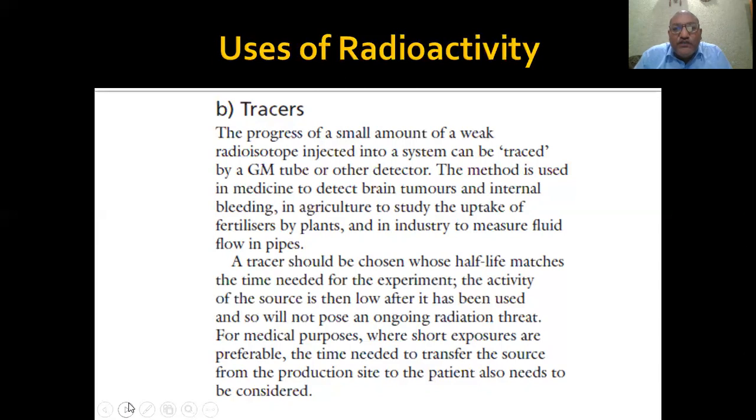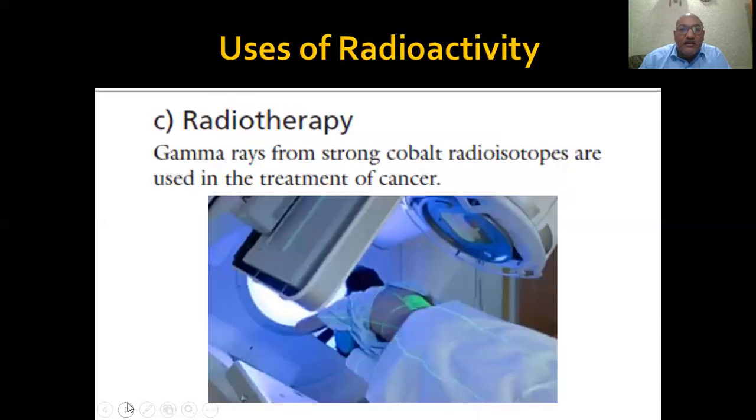A tracer should be chosen whose half-life matches the time needed for the experiment. The activity of the source is then low after it has been used, and so will not pose an ongoing radiation threat. For medical purposes, where short exposures are preferable, the time needed to transfer the source from the production site to the patient also needs to be considered.